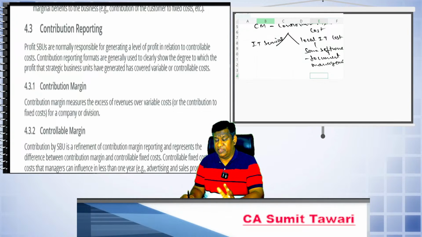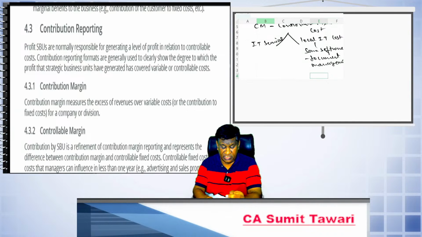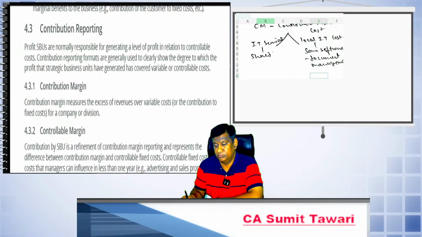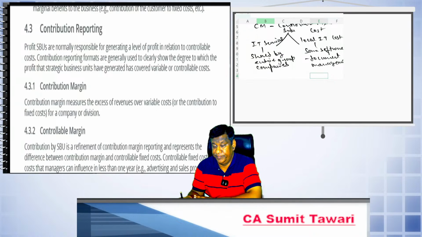Can you explain, out of this, what is the controllable cost and non-controllable cost and why? At subsidiary level, anyone can guess?